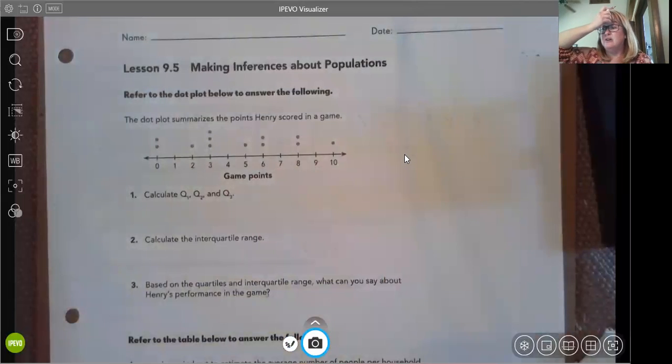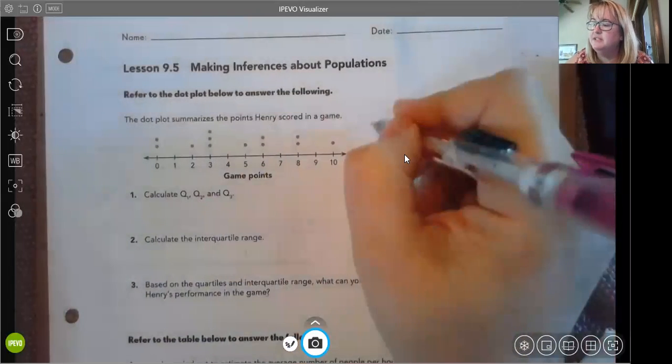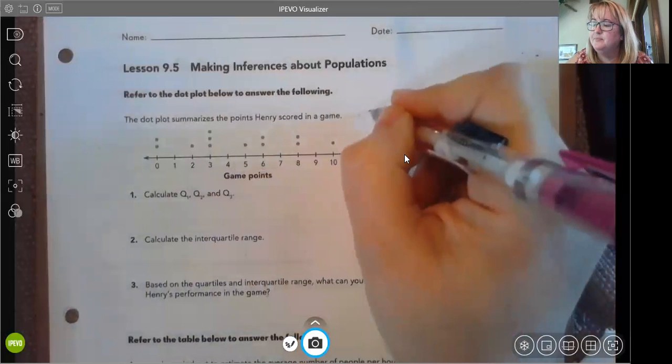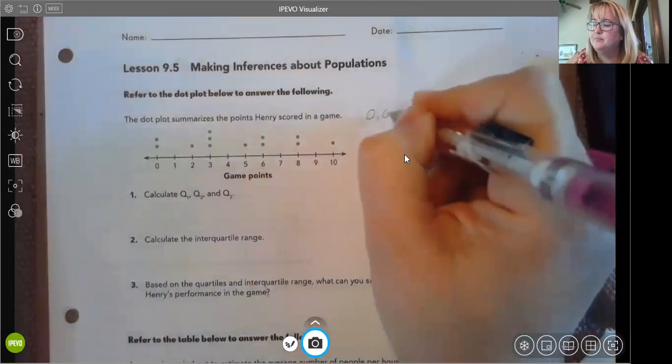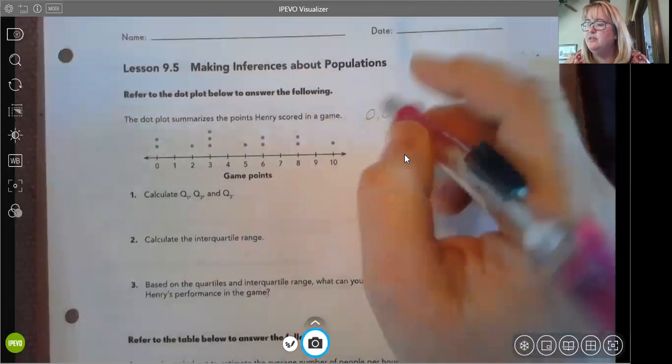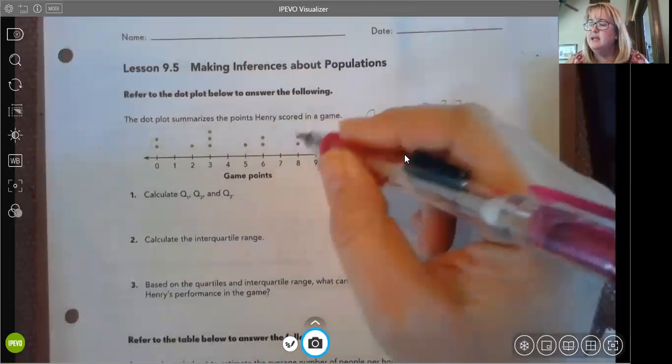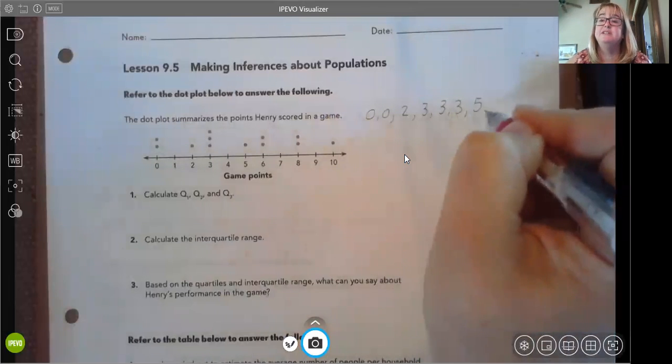So let's list our data and let's calculate Q1, Q2, and Q3. He has 2 games that have 0 points, so I'm going to put 0 twice. In one game, he did 2 points. In 3 games, he did 3 points. In one game, he did 5 points.